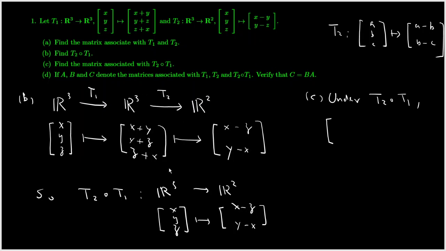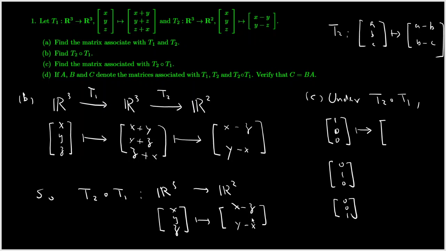You look at the mouse cursor. In that R3, we still need i, j and k, right? 1, 0, 0, that's i, and then 0, 1, 0, that's j, and 0, 0, 1, that's k. Under the linear map, this one is mapped to a vector in R2. A vector in R2 has two components.